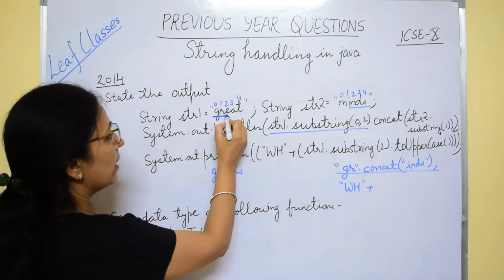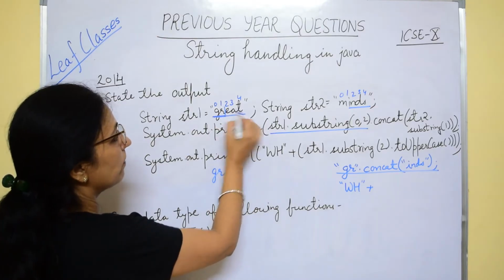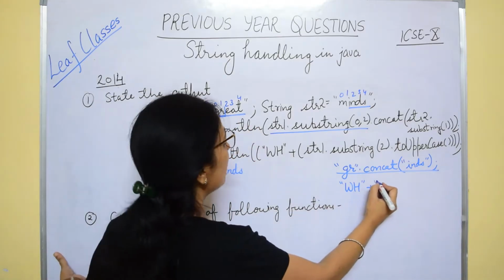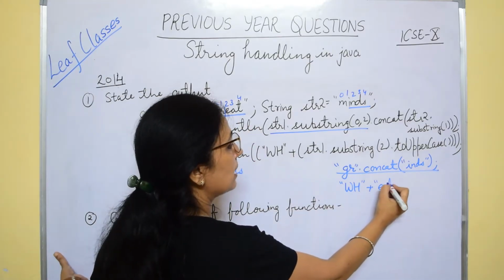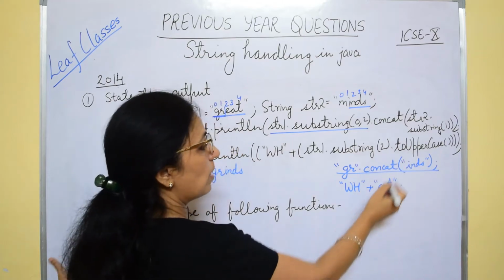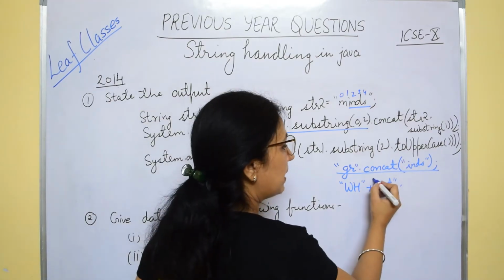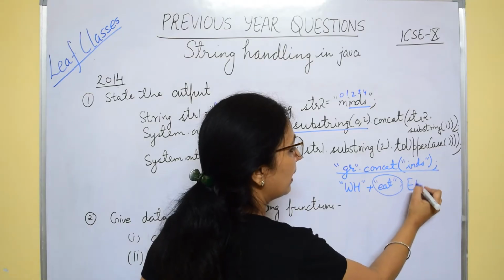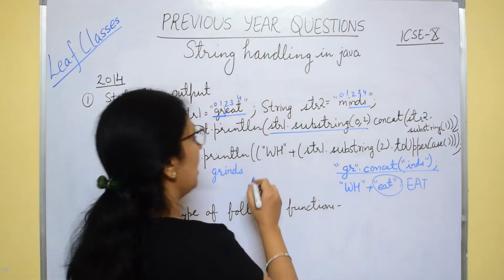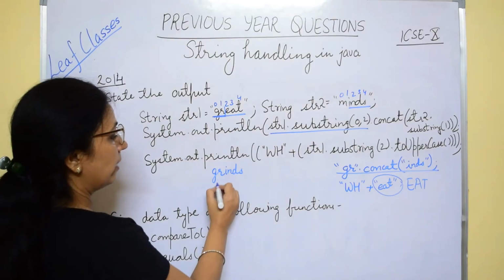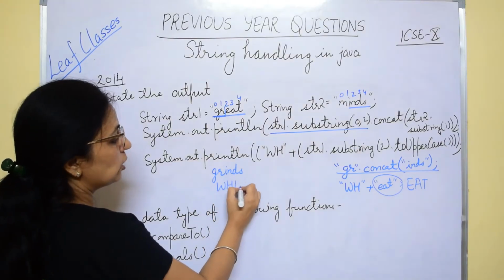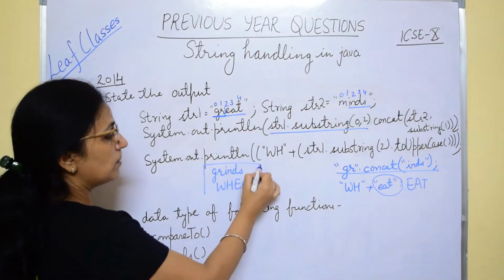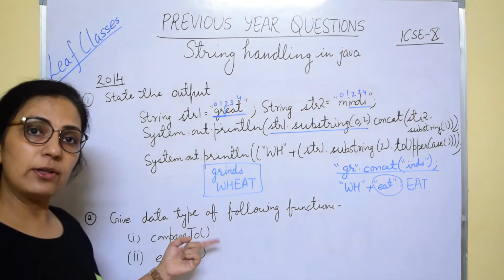From str1 starting from second index number, all the characters are extracted. So this is EAT dot to uppercase. That means this will be converted into uppercase and we will get EAT. So the output of next line will be WHEAT. Right? So this much you have to write for the output.